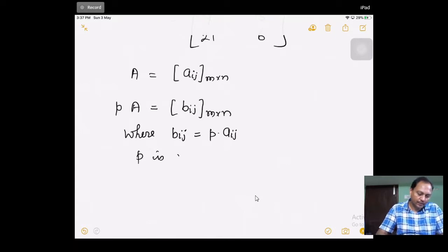So in this way we can define the multiplication of a matrix by a scalar.